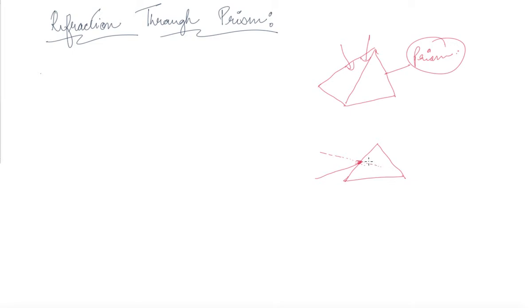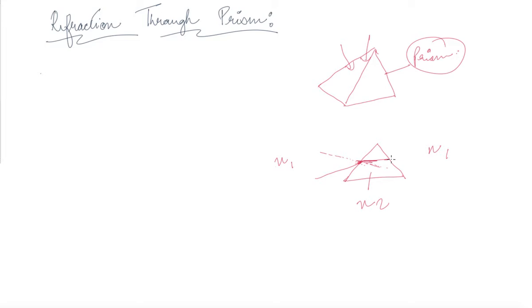Say suppose it is traveling from medium N1 to medium N2 and back again to medium N1. So it will undergo a refraction and it will travel straight.